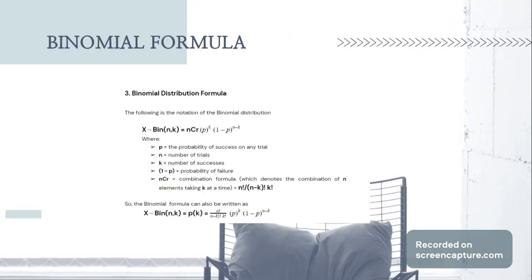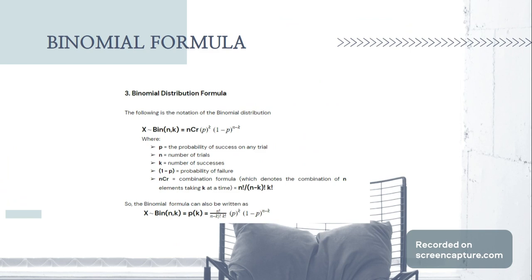Now, we are going to talk about the binomial formula, and it is noted as n choose k times p to the power of k times 1 minus p to the power of n minus k, where p is the probability of success on any trial, n is the number of trials, k is the number of successes, 1 minus p is probability of failure, and n choose k is a combination formula which is equal to n factorial divided by the product of n minus k factorial and k factorial.